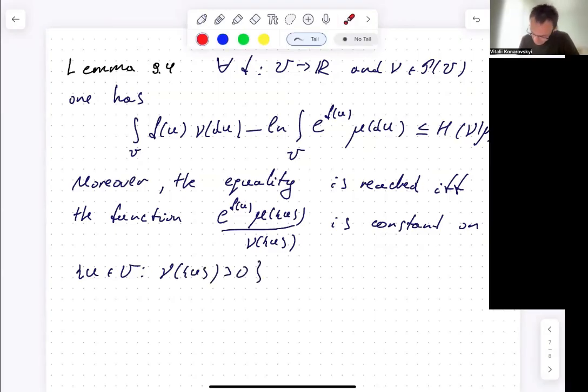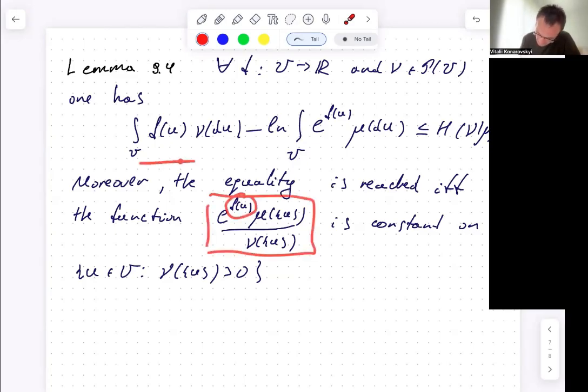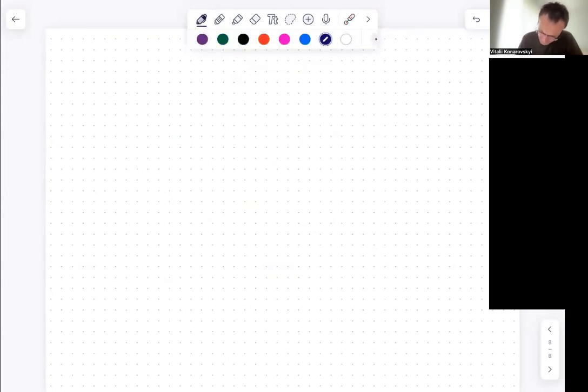Because you see that here we want to divide by nu, therefore a priori it has to be larger than zero, and it must be a constant. If the function f is chosen in such a way that this is a constant, then actually here you have the equality. And it is if and only if. Let's prove that.